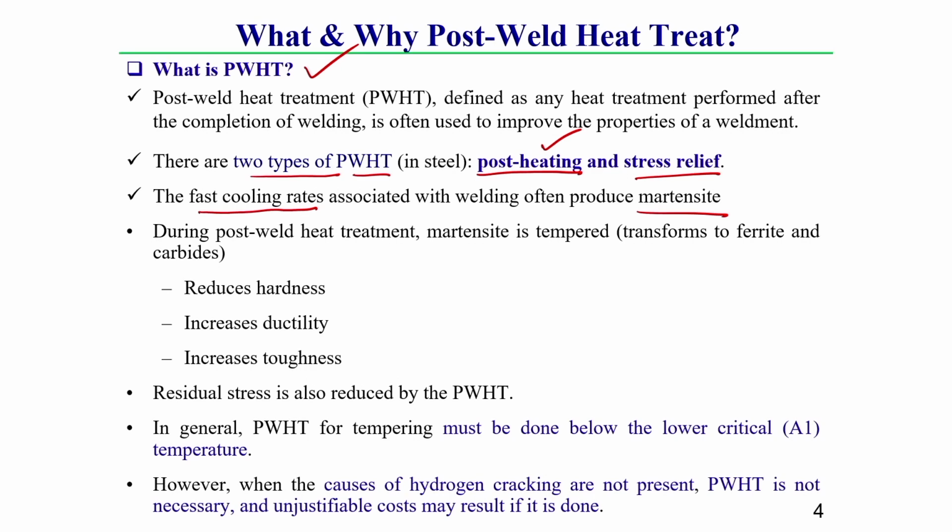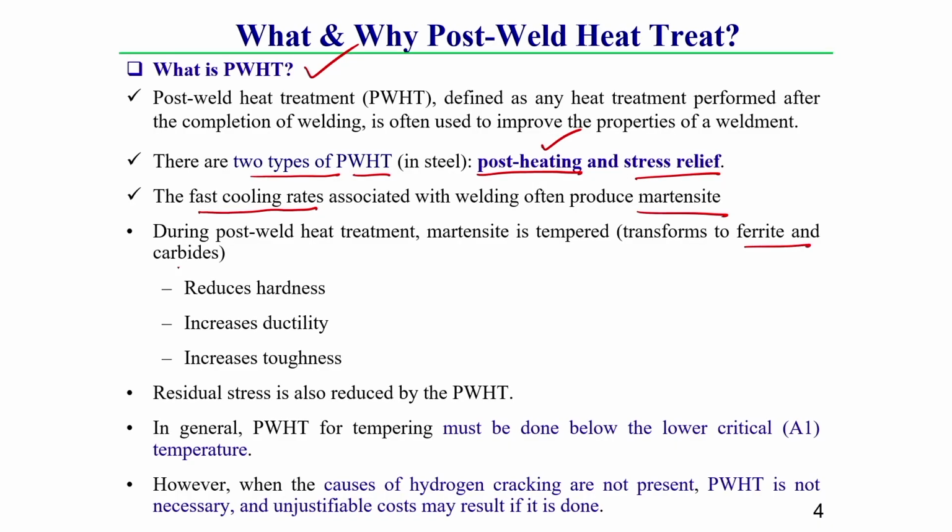So during this post weld heat treatment process, we temper this martensitic structure by raising the temperature of the weld specimen. Due to this raised temperature and tempering, the martensitic structure transforms to ferrite and carbide.